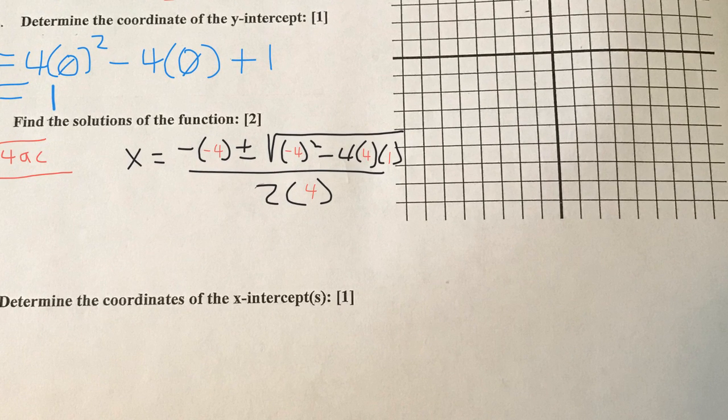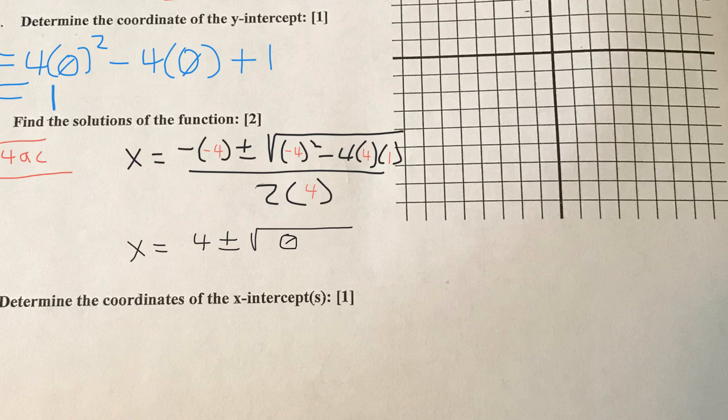And working this out, let's be meticulous about this. We have x equals negative 4 is just 4, plus minus, let's see, so that'd be 16 minus 16, which is 0, and that is actually very good news.